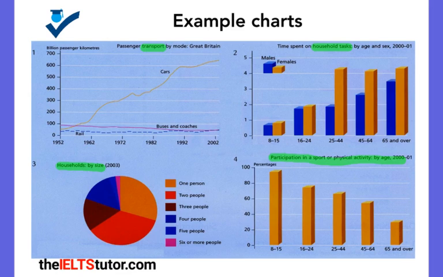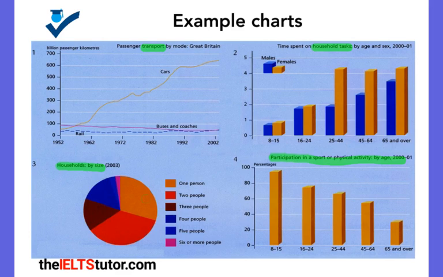Now, what comparisons does each of these illustrations make? If you look at illustration number 1, they are comparing different modes of transport, which are train, bus and car. Graph number 2 compares the difference between time spent on household tasks by men and women of different ages. As simple as that.